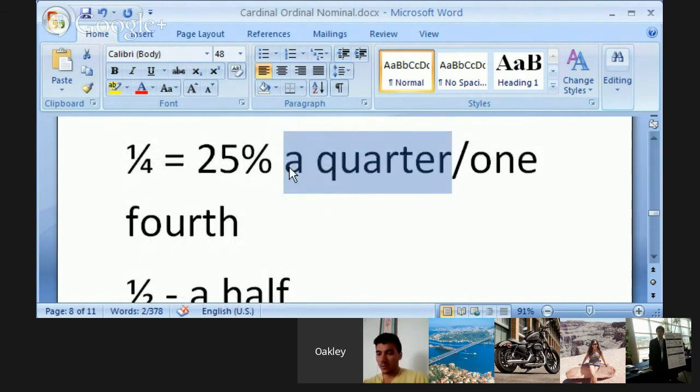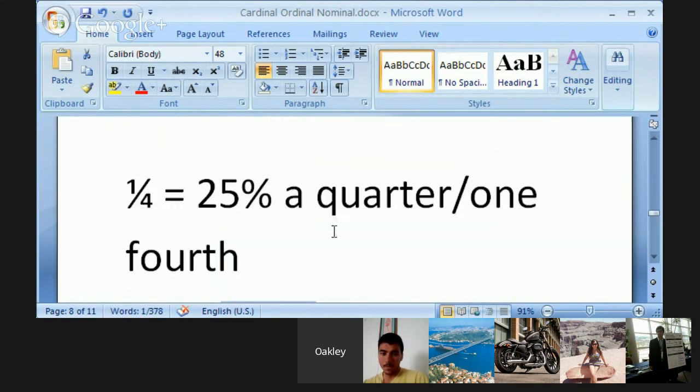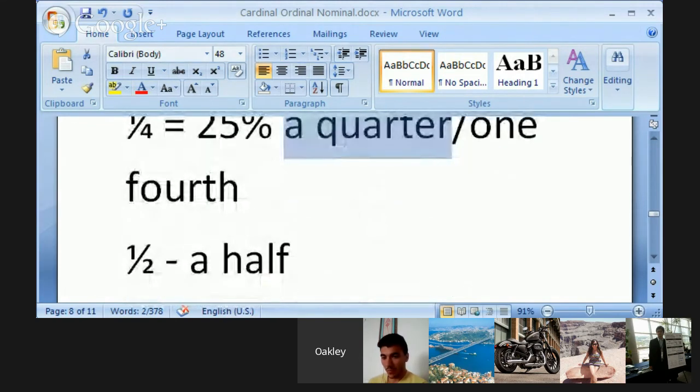That's kind of interesting. I can use half without a as an adjective. But even if I'm using quarter as a number to describe, I still have to say a quarter. A quarter piece. Well, I'm going to have to say a quarter of something. Interesting. Never thought about that before.